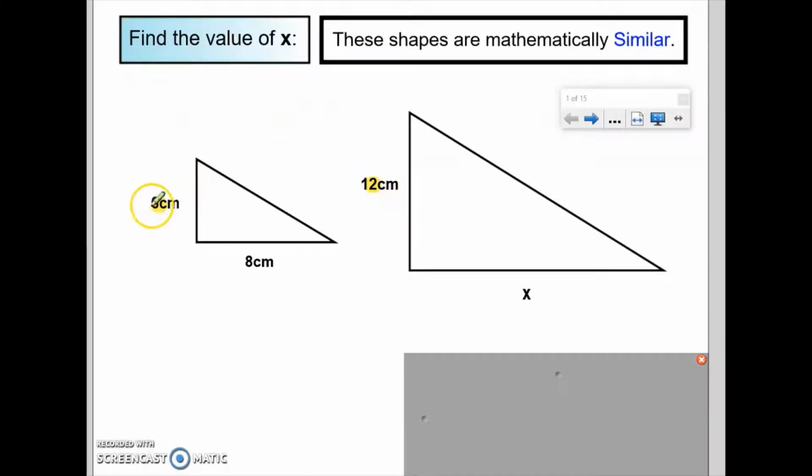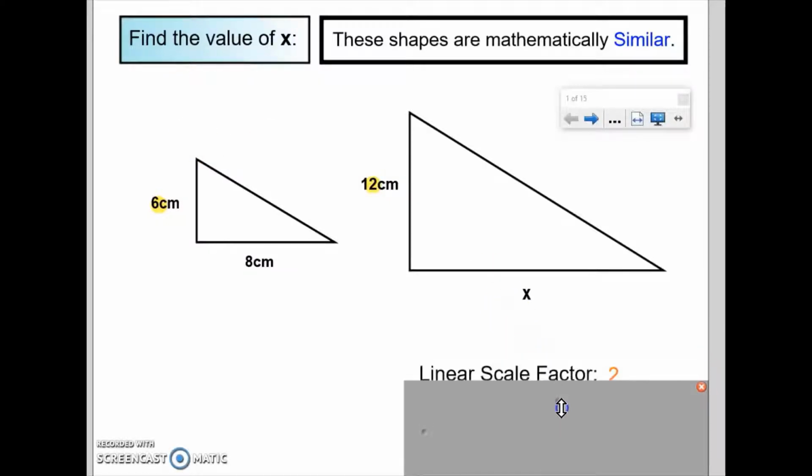So that's telling us that the scale factor from enlarging this shape to this shape has to be 2. This one is an enlargement of this one by scale factor 2. I'm going to refer to that as the linear scale factor, because we're dealing with sides and lengths, and that's what we're focusing on here. So the linear scale factor in this problem is 2.